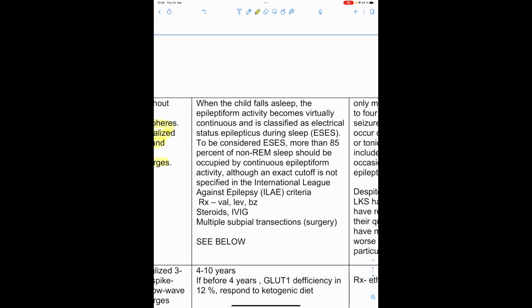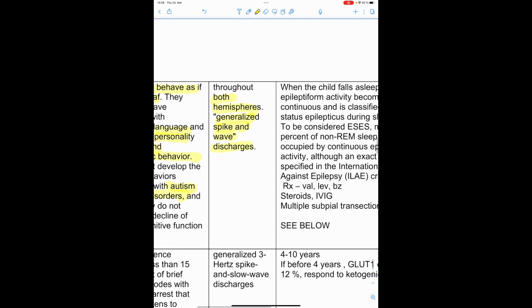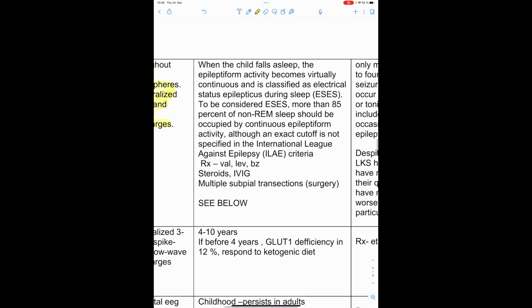When the child falls asleep, the epileptic activity becomes virtually continuous, and it is then called electrical status epilepticus during sleep. To be considered electrical status epilepticus during sleep, more than 80% of the non-REM sleep should be occupied by continuous epileptiform activity.